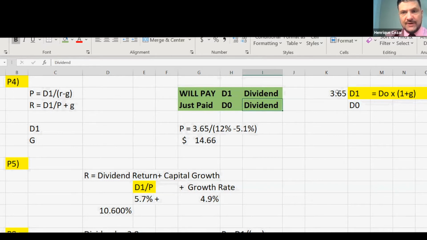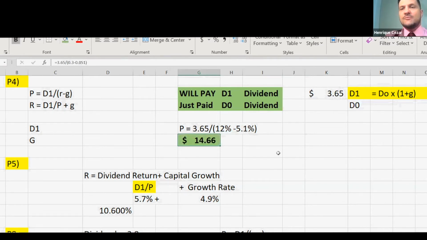All right. So problem 4, the dividend here was given to you, I believe, as 365. So if it was given as will pay a dividend of $3.65, then perfect. Take the $3.65 divided by the expected return given in the problem minus the growth rate of the dividend also given in the problem, close parenthesis, press enter, and that's the answer.